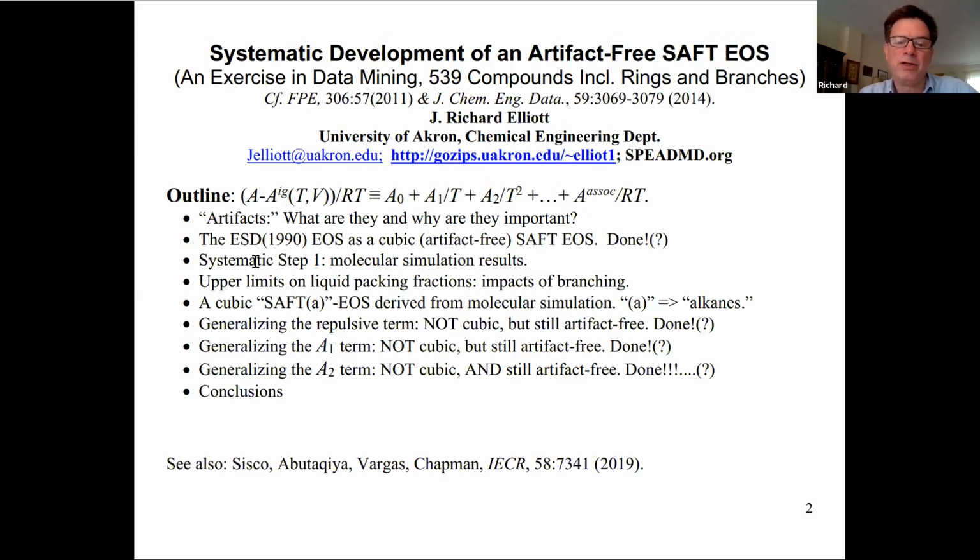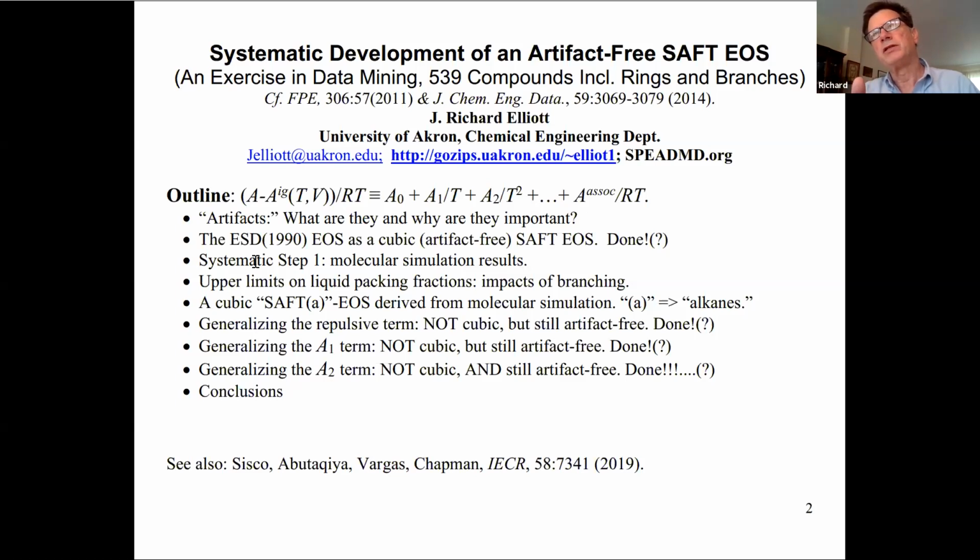Donohue is a professor at Johns Hopkins, and he had developed something called APACT theory, which is associating perturbed anisotropic chain theory. And so I looked at that theory, and the first A in APACT was for associating. He had a different approach to doing that than what they were doing in SAFT.